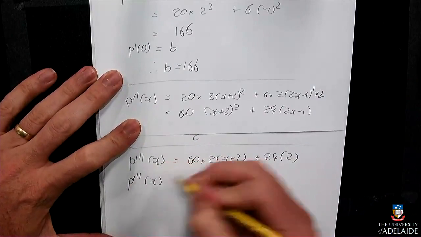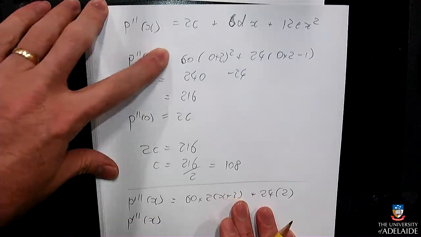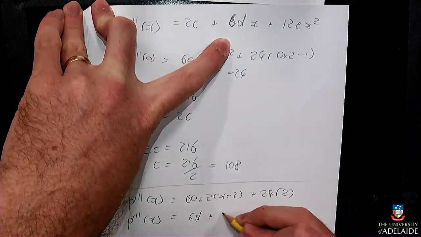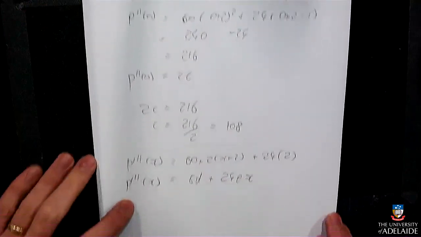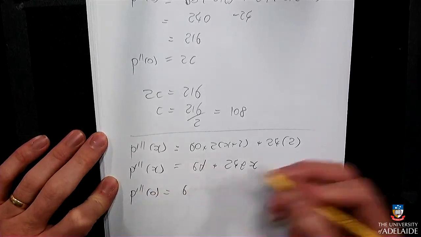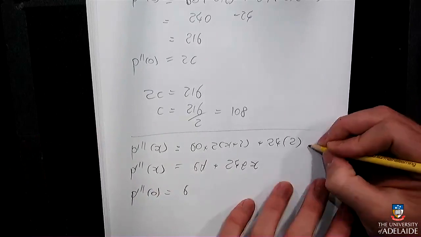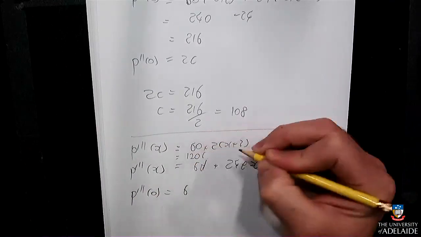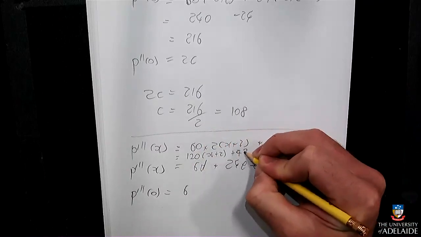And the derivative of this version of the function is 2c goes away, 6d plus 24ex. Cool. I didn't actually simplify that. Yeah, I really should have done that. That's 120 times (x + 2), and that's 48.